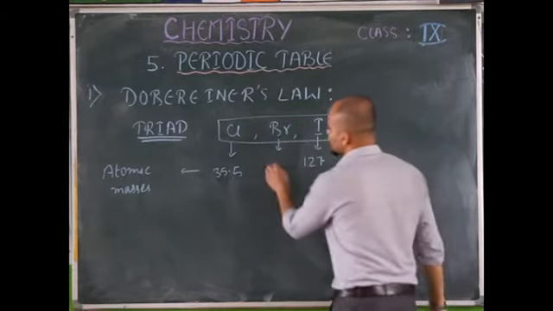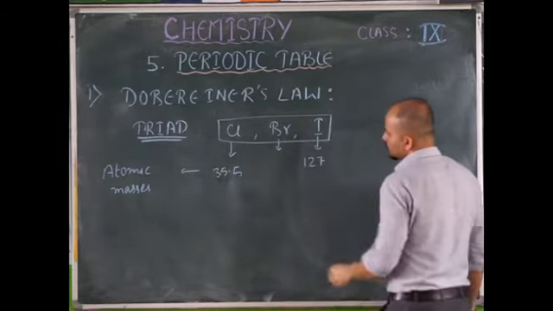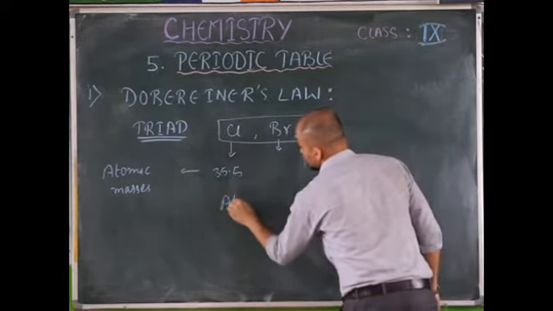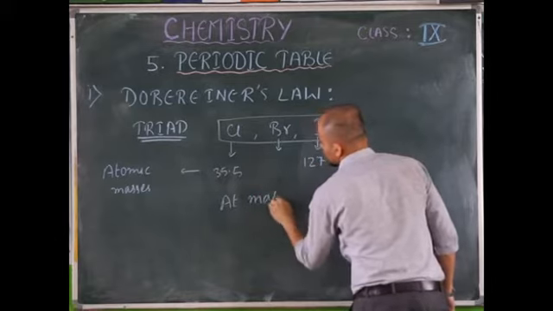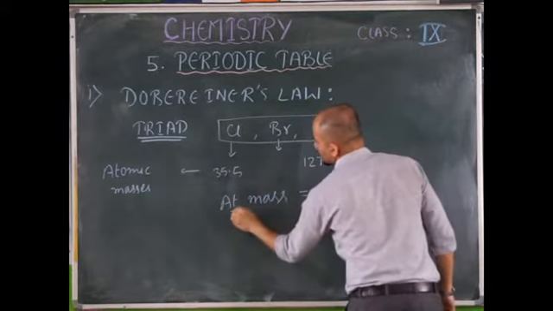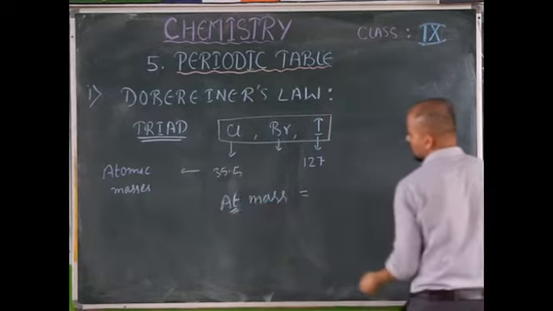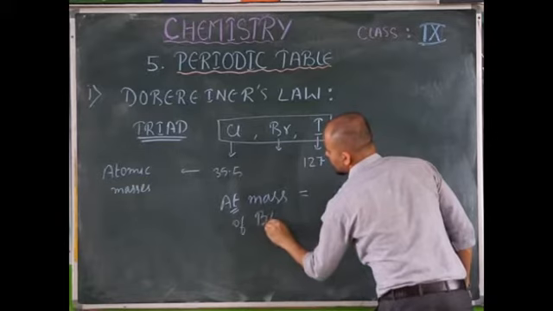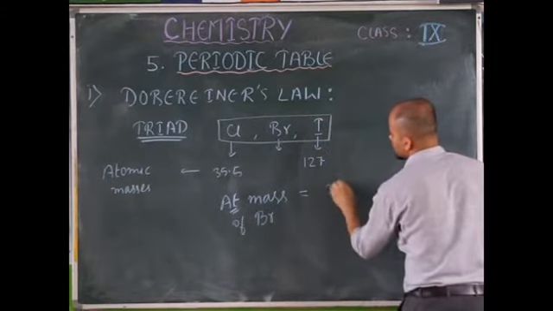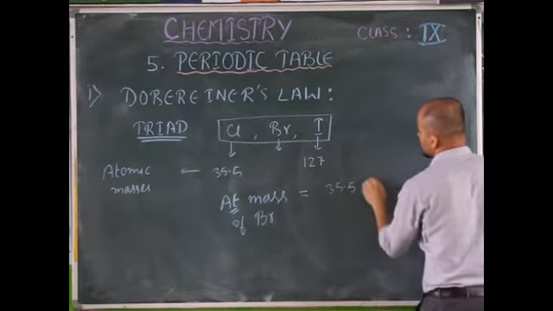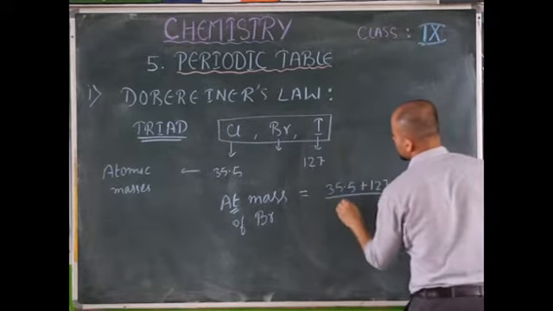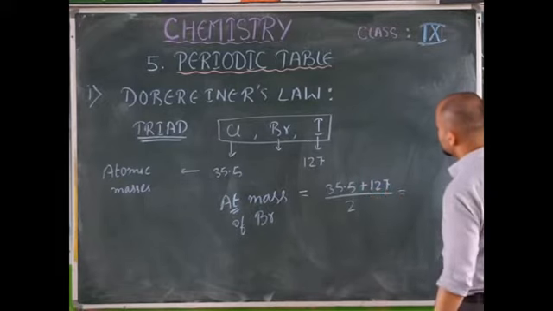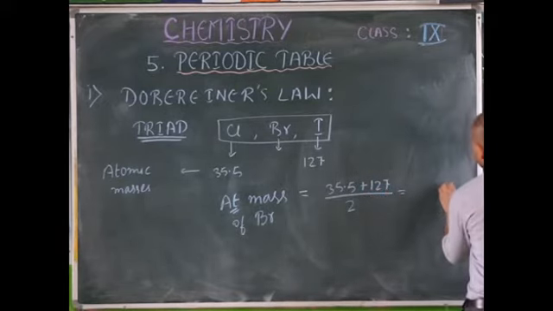So let's find the value for bromine. The atomic mass of bromine, Br, is given by 35.5 plus 127 divided by 2. Whenever you add it, you get 162.5.